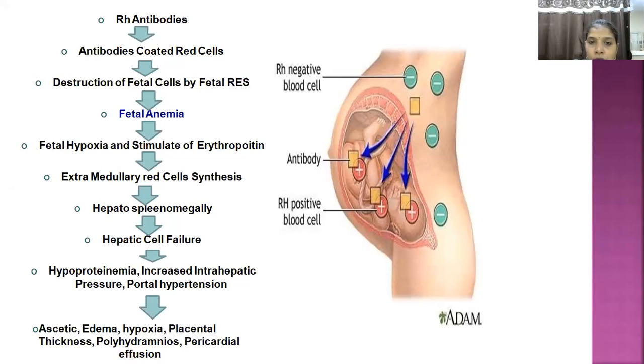Because of that, what happens in the baby? Ascites, edema, hypoproteinemia. These are the consequences of hypoproteinemia. Ascitic edema, hypoxia, placental thickness, that is placental hypertrophy to compensate hypoxia. Polyhydramnios and pericardial effusion. These are the consequences of hemolysis and hypoxia and hypoproteinemia.